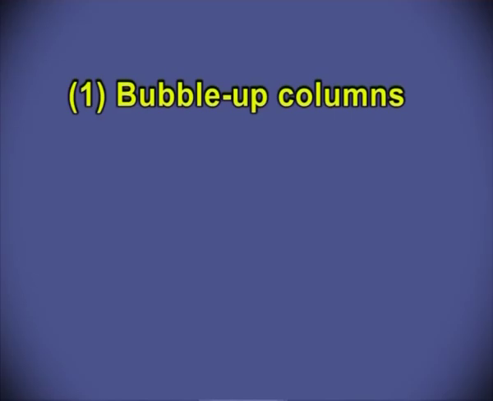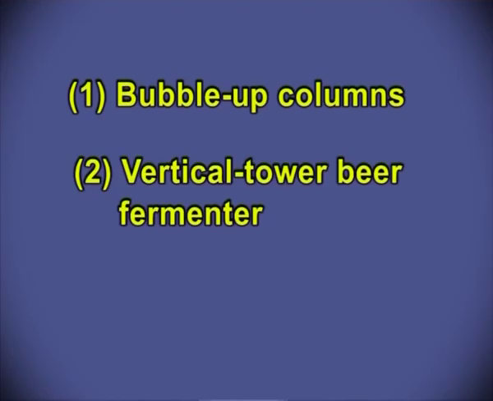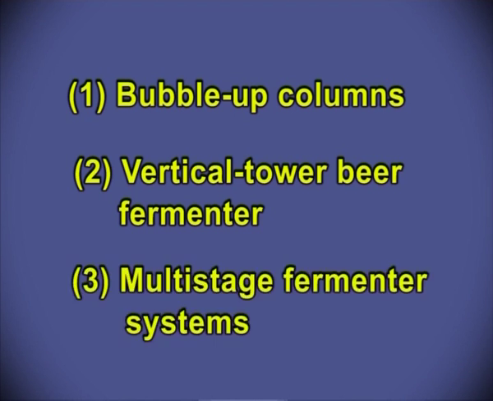There are several different types of tower fermenters, which are grouped as follows on the basis of their design: bubble up columns, vertical tower beer fermenter, and multi-stage fermenter systems.